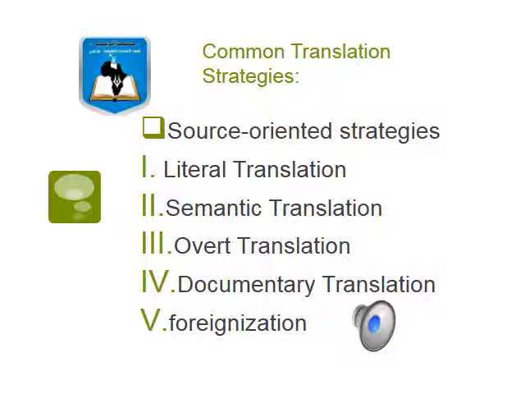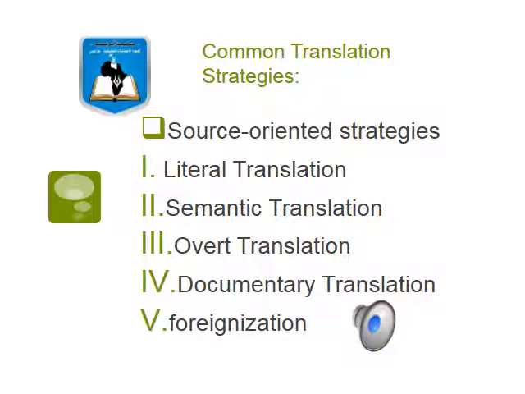Okay. So it only deviates from this where necessary in order to produce a target text which is grammatically correct and intelligible. Typically, literal translation avoids any addition, omission, paraphrasing, or reductions.